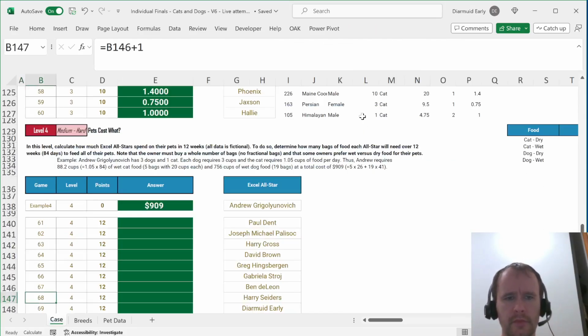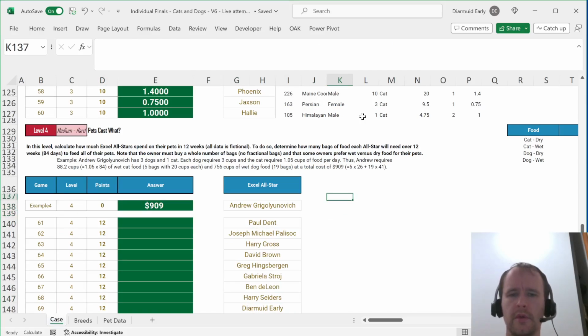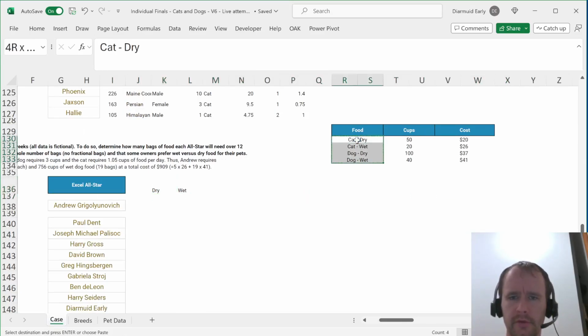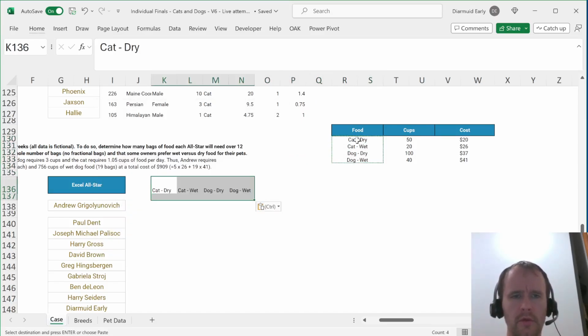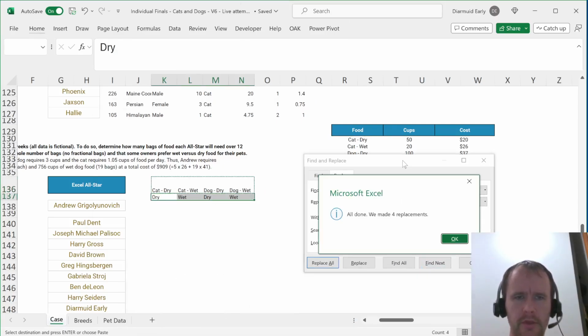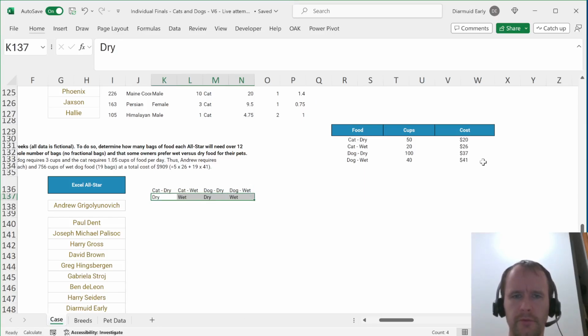So then I guess I just need dry, wet. Oh, I need cats. Okay, fine. So let's just take all of these. I'm just gonna do find and replace to get my first piece, and same thing to get the second piece.